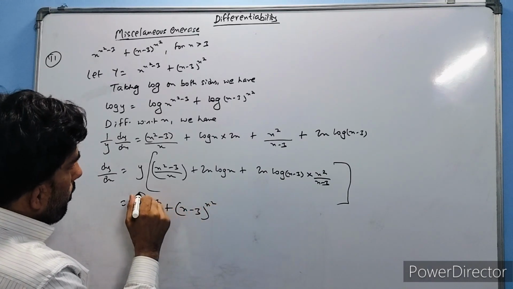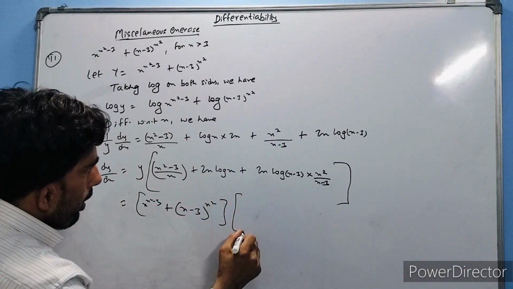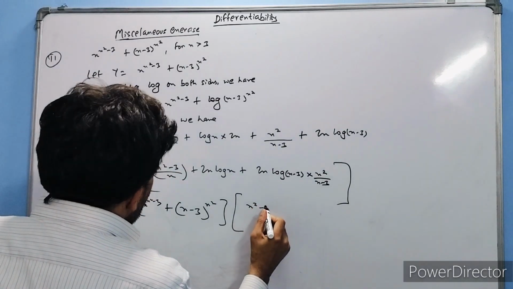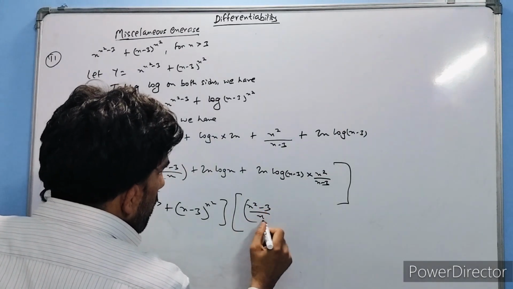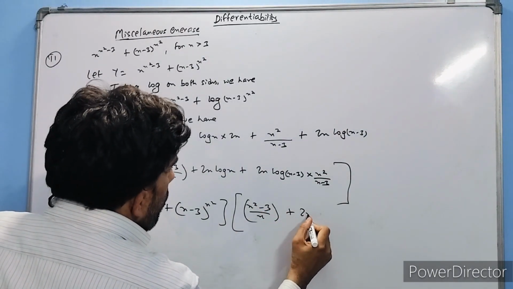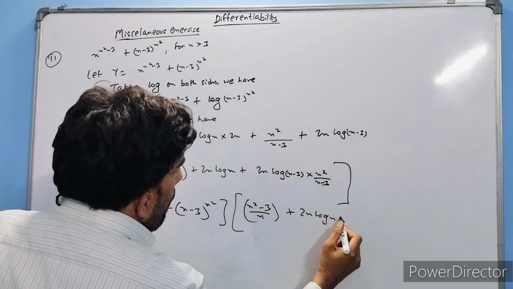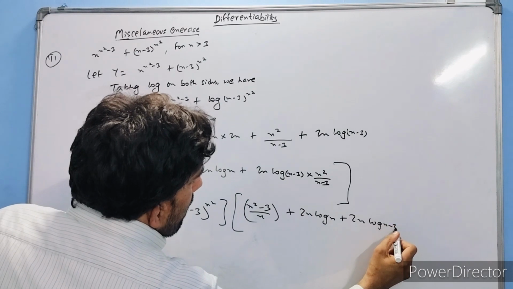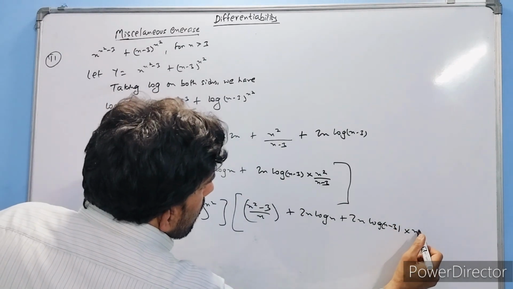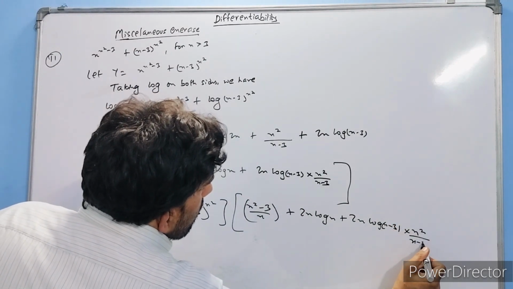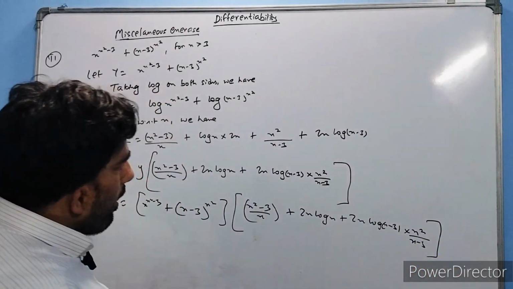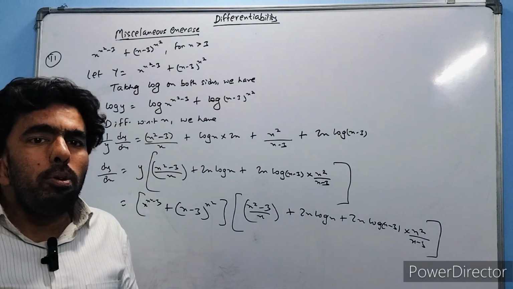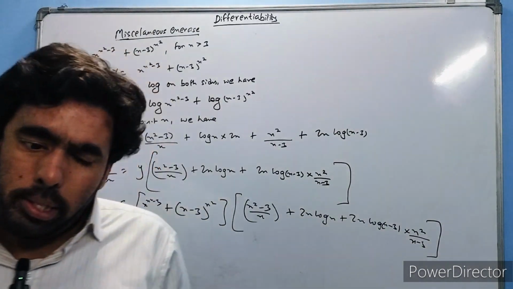Now here I will write as it is: x square minus 3 upon x plus 2x log x, plus 2x log of x minus 3 into x square upon x minus 3. Okay, so that is how we try to differentiate the given function.